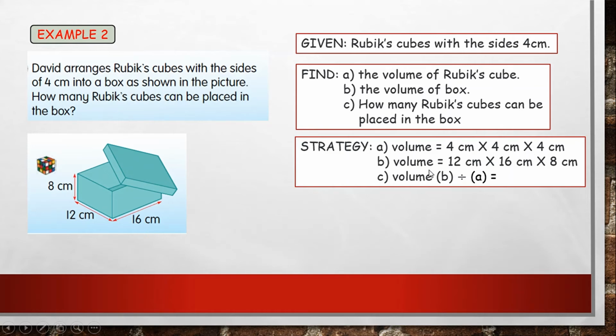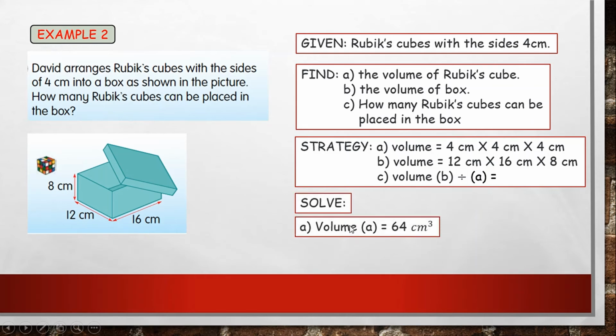For B, the volume of the box is 12 cm length multiplied by 60 cm width multiplied by 8 cm height. And C, the volume of the box, B, divided by A.